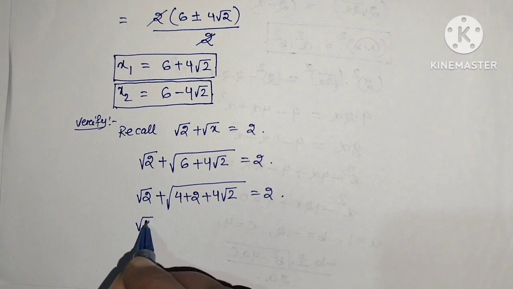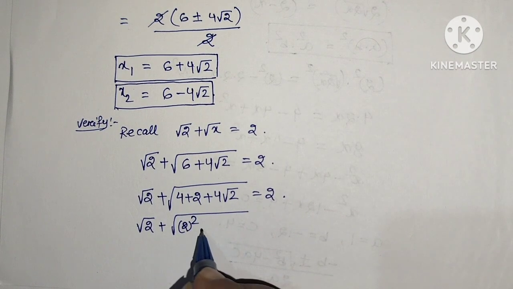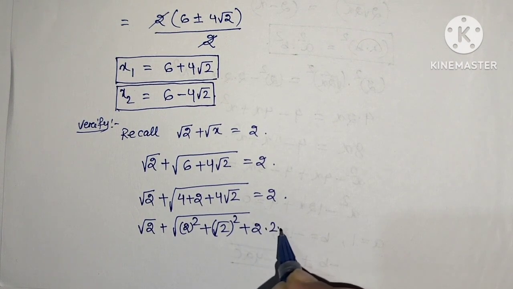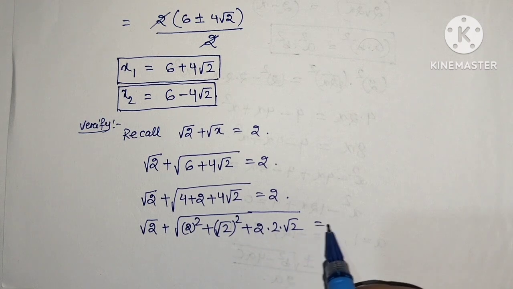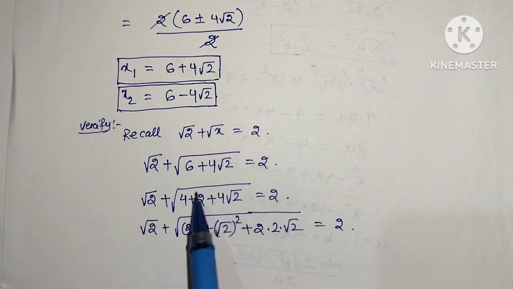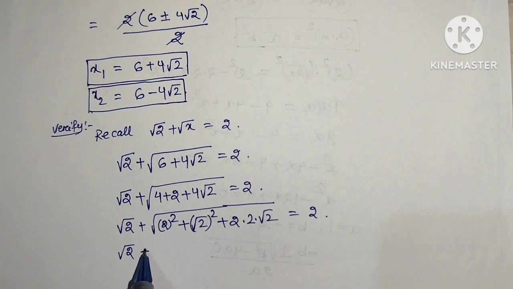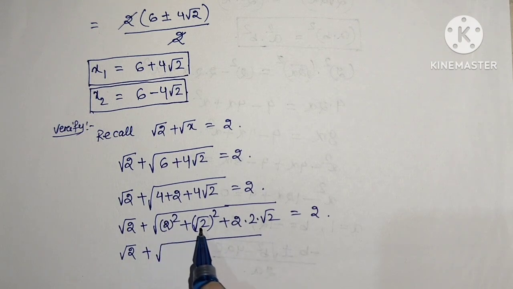Then root 2 plus this, 4 we write it down, 2 square plus root 2 square plus 2 into 2 into root 2. This is a square plus b square plus 2 into a into b.